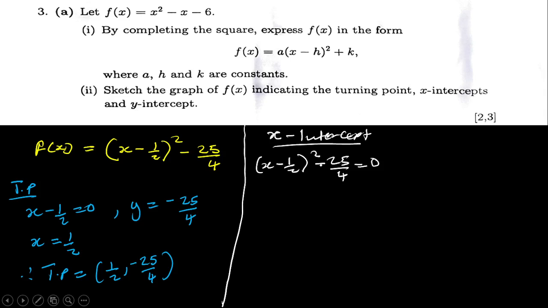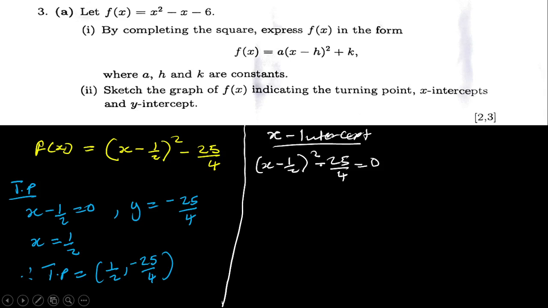Once I reach there, I can introduce the square root on both sides. So this will be positive or negative. That one and that one will cancel. So I now have x minus 1 over 2 is equal to positive or negative 5 over 2.